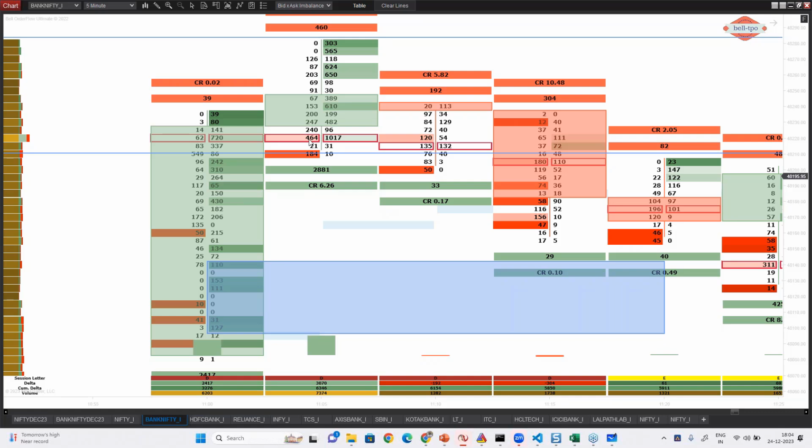But if along with that you are seeing a genuine buyer at the day low or a genuine seller at the day high, the only criterion is that it should be an absorption bar. An absorption bar along with a genuine buyer should be a day low. An absorption bar with a genuine seller, that is what happened last Friday. That is how Bank Nifty topped out with greater odds.